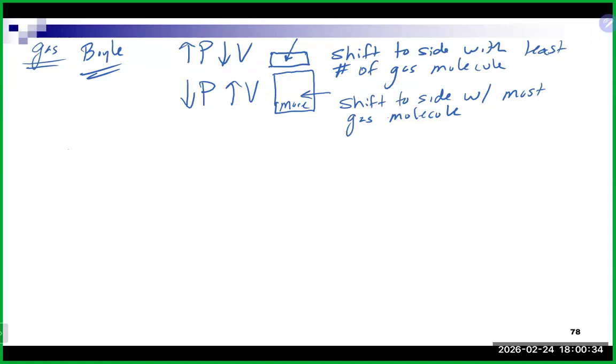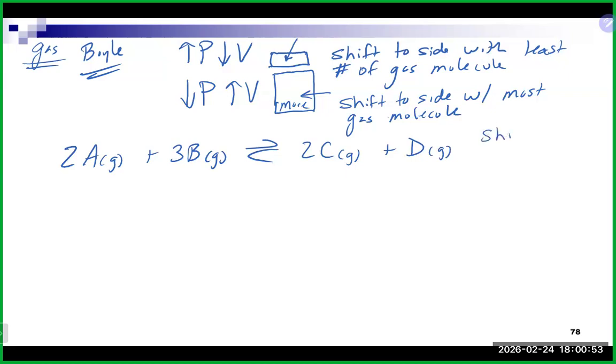So if we had something like this, for each of these things that I'm going to write, will the reaction shift to the left? Will it shift to the right? Or will there be no change?